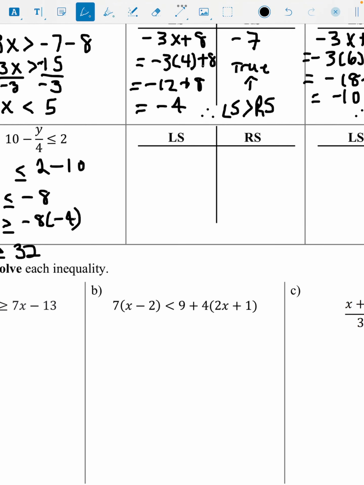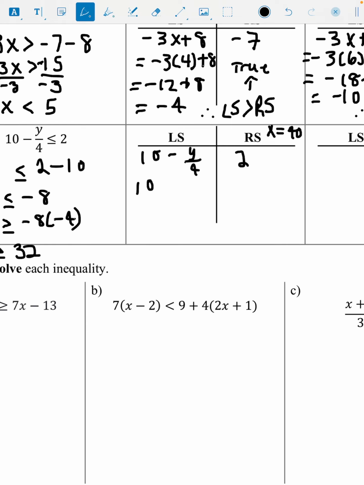On our left side, we have that 10 minus y over 4, and our right side is 2. I'm going to choose y equals 40 for my true value. Could have chosen anything else as long as it satisfies your inequality. Let's plug that in.